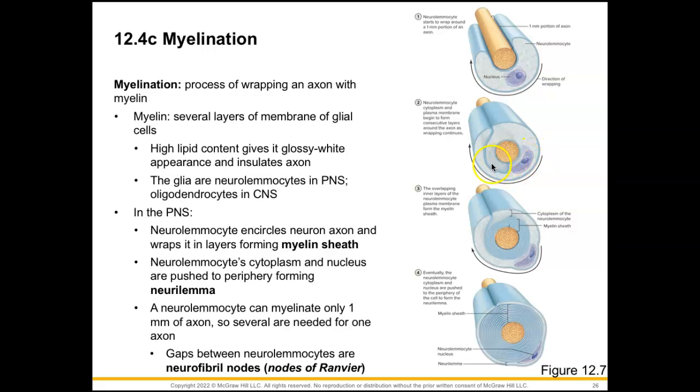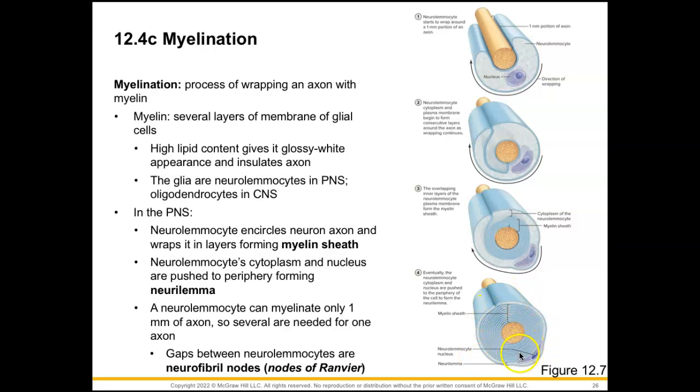So as you're watching these multiple photos of this process taking place, you can always see that that nucleus and the cytoplasm is shifted to one side around the periphery of that myelin sheath. And this forms a neurilemma. Remember, anything that has that lemma ending refers to a plasma membrane. So this is the plasma membrane of the Schwann cell, or the myelin, really, that's wrapping the axon.